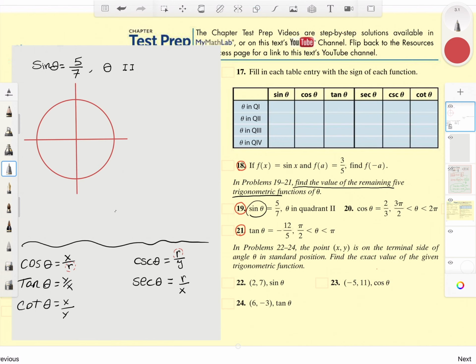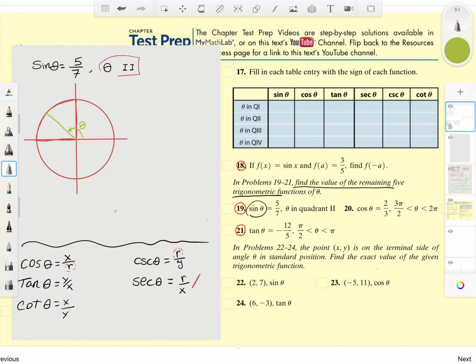After drawing the circle, we need to draw a right triangle. But which quadrant? They said theta is in quadrant 2. So this is quadrant 2. We randomly make a theta, for example, this is our theta.